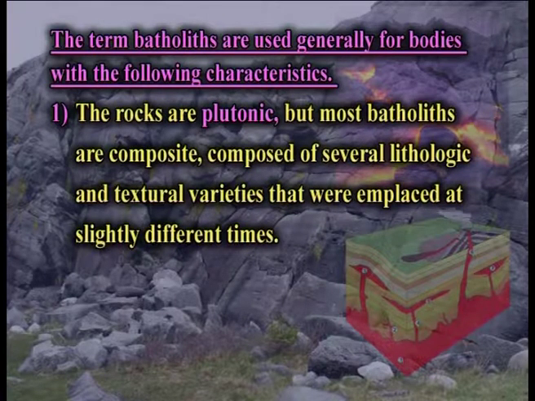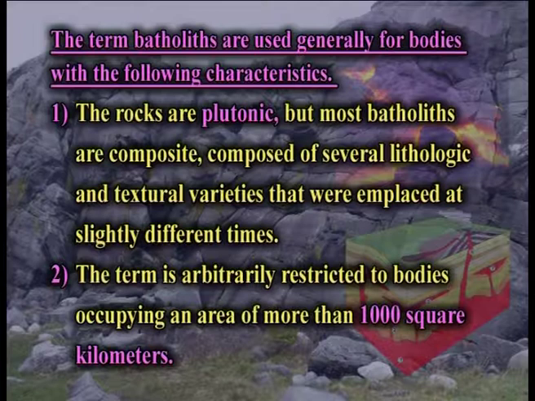Number 1, the rocks are plutonic, but most batholiths are composed of several lithologic and textural varieties that were emplaced at slightly different times. Number 2, the term is arbitrarily restricted to bodies occupying an area of more than 1000 square kilometers.